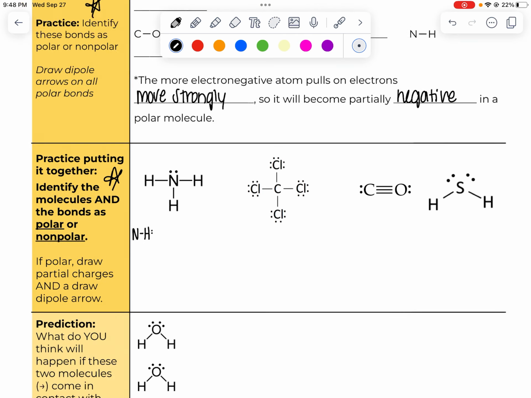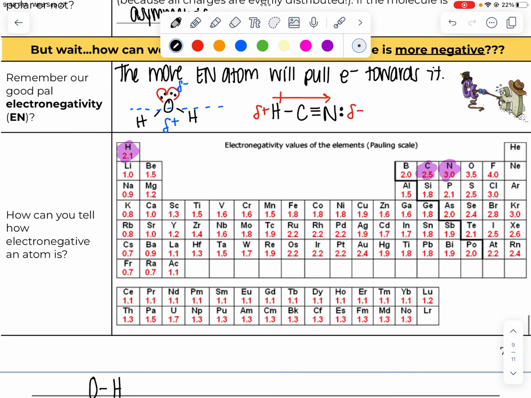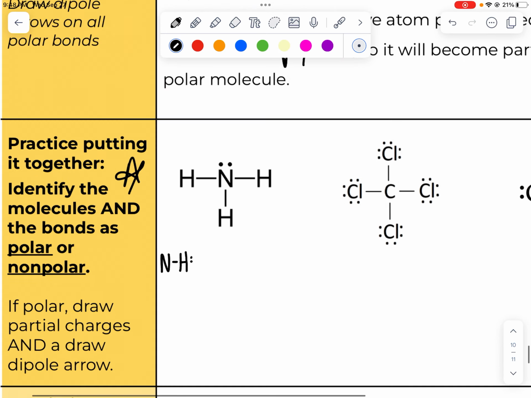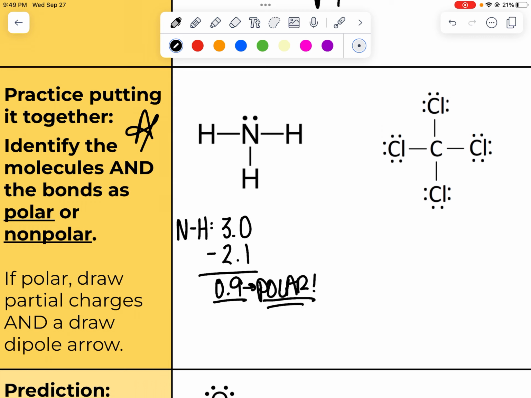There's only one type of bond present. So if I go up and find N and H on my table, N is 3, hydrogen is 2.1. So 3, I subtract out 2.1, and I'm left with an electronegativity difference of 0.9. This falls in my polar region, which means that the bonds are polar.